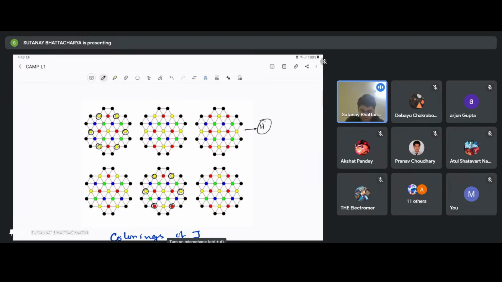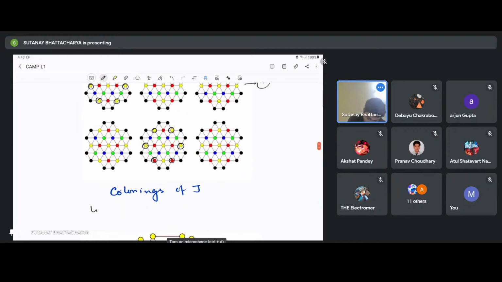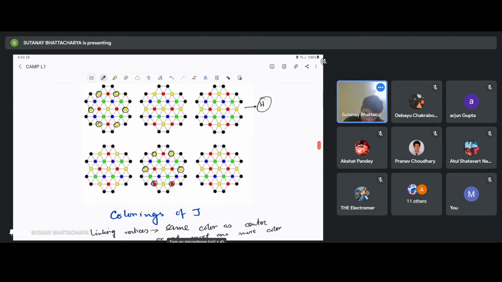So basically that means if you look at the linking vertices, they can only have the same color as the center, and they can only occur in very specific positions.